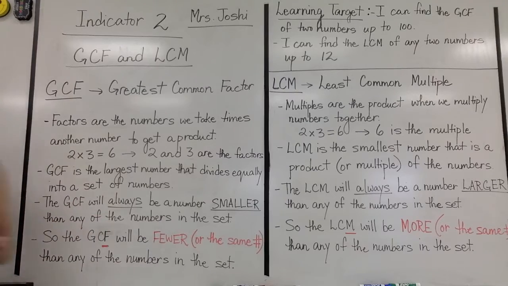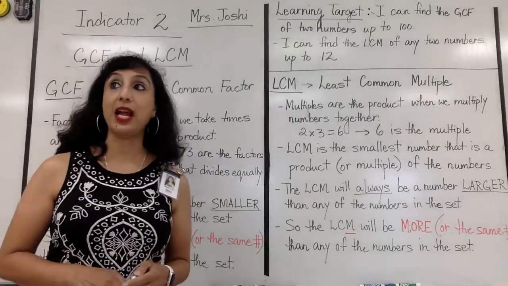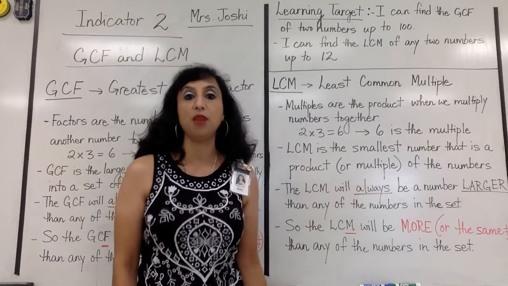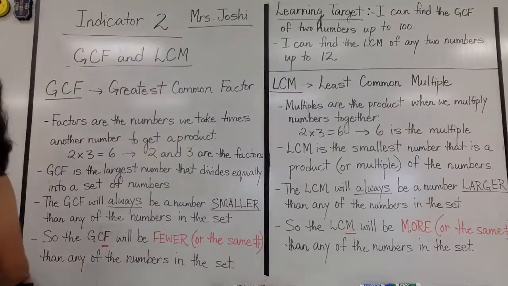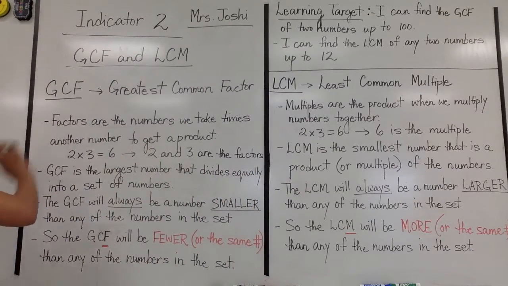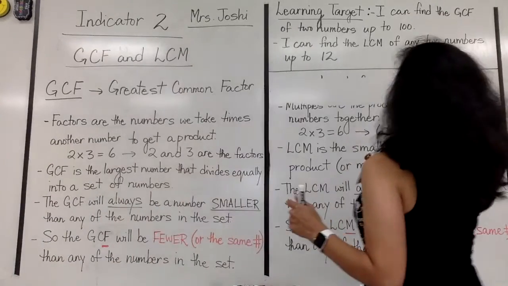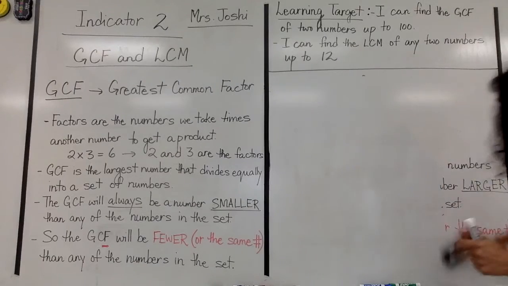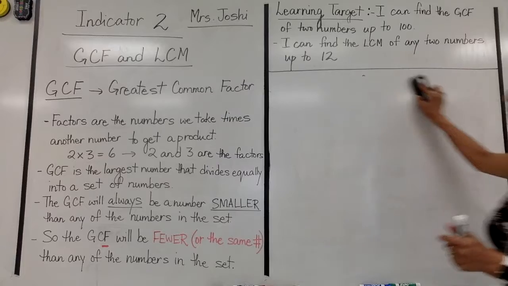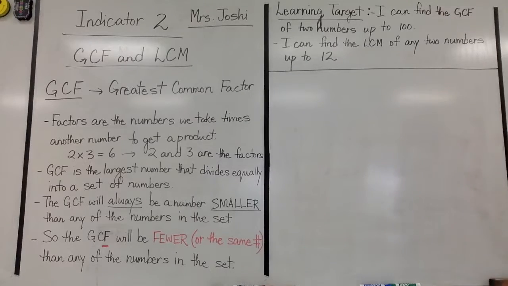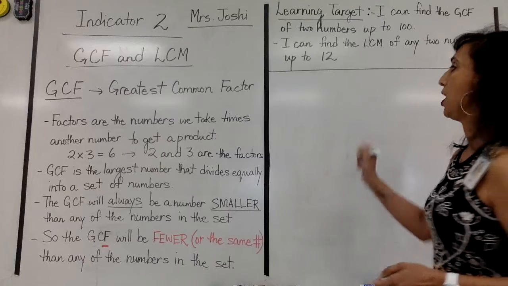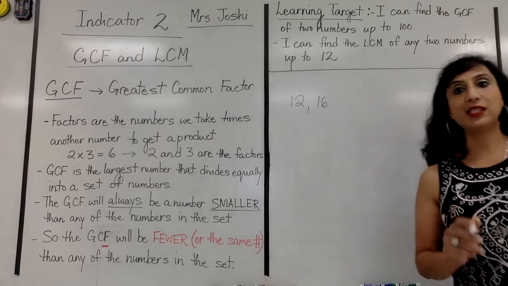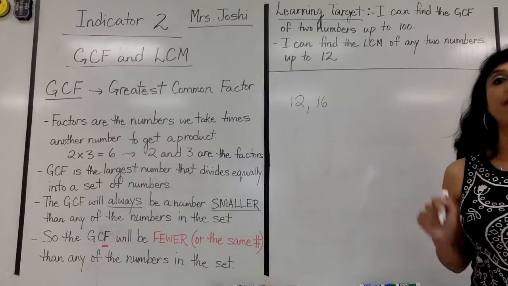Okay, so let's go ahead and solve some examples, and I'm going to teach you multiple methods so you can pick which one suits you best. Let me go ahead and erase this part, since first let's talk about GCF. Let's say I give you two numbers, 12 and 16, and I ask you to find the greatest common factor.